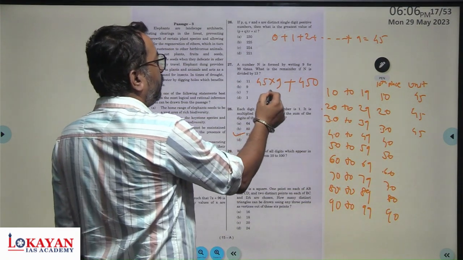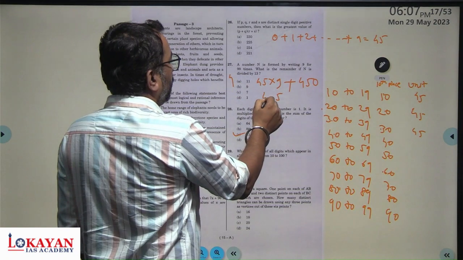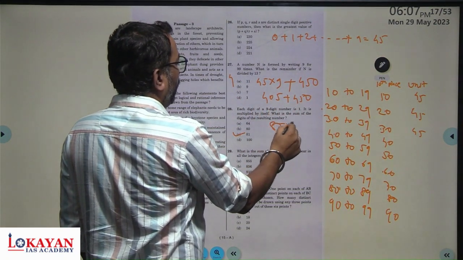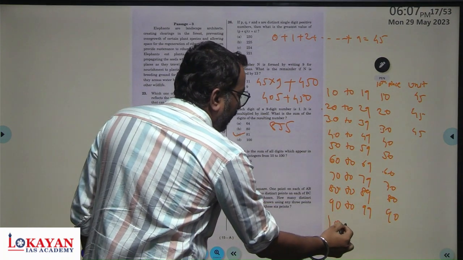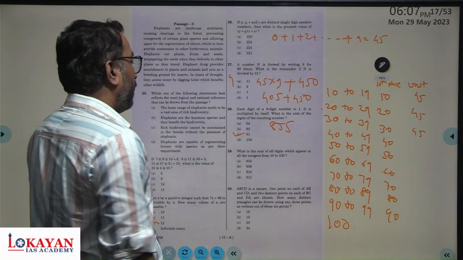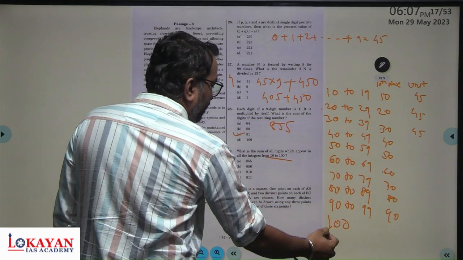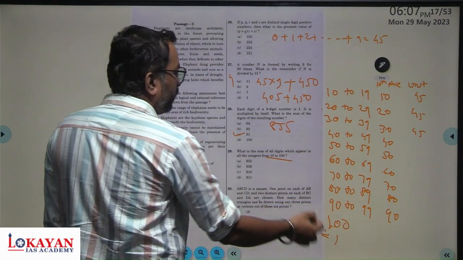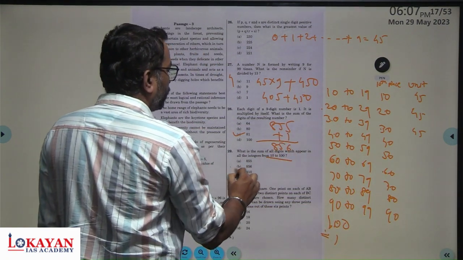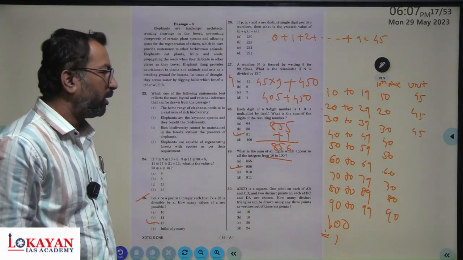So 9 into 45 is 405, plus 450 is 855. But we are forgetting that 100 is also there. See in the question, it says 10 to 100, and we have not taken 100. So the addition of the digits of 100 is 1 plus 0 plus 0, which is 1. So 855 plus 1 will be 856. Option number B will be your correct answer.